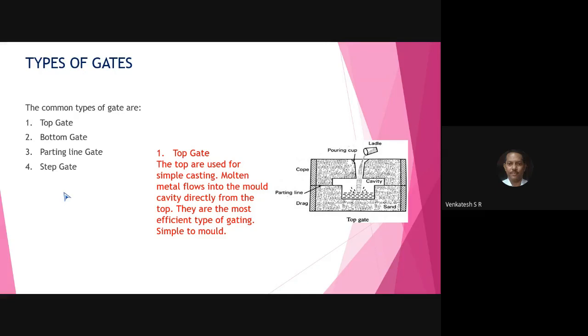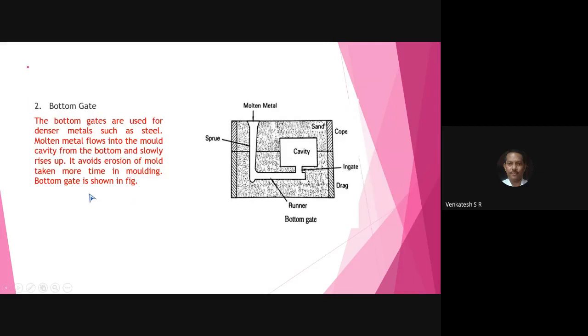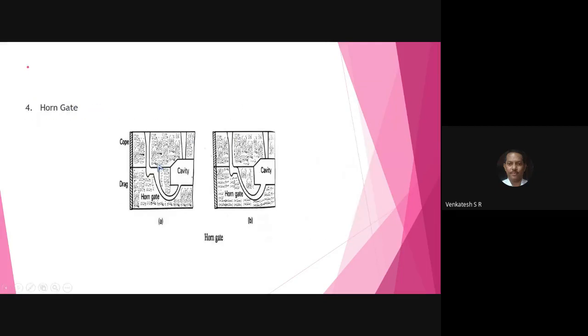For this question, write down the types of gates. That's top gate, bottom gate, parting line gate, step gate. So the horn gate you have seen, that's a good example for step gate. See, it looks like a step.